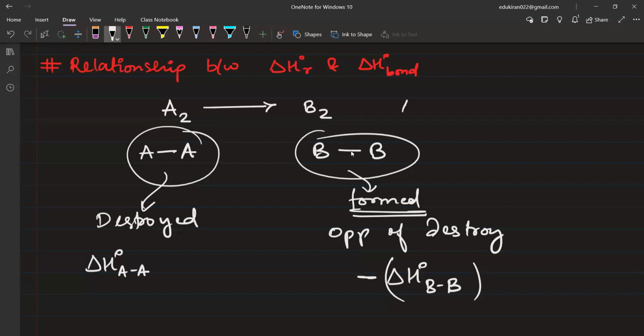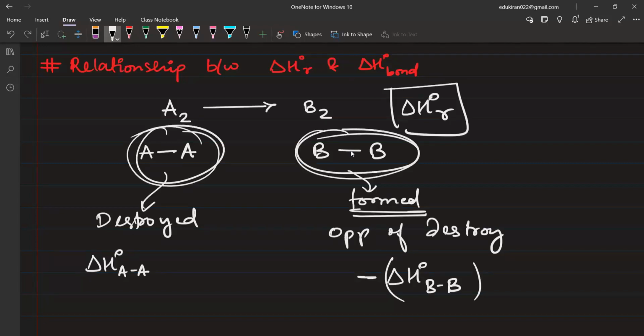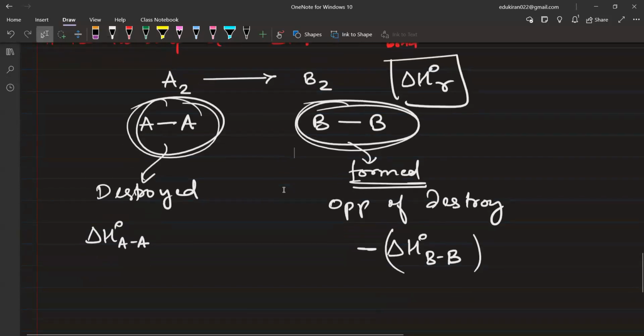And if I talk about the enthalpy of reaction, what is happening in reaction? A is getting destroyed and B is getting formed. So I can say that enthalpy of this particular reaction, delta H naught R, will be equal to the amount of energy. Please listen very good.